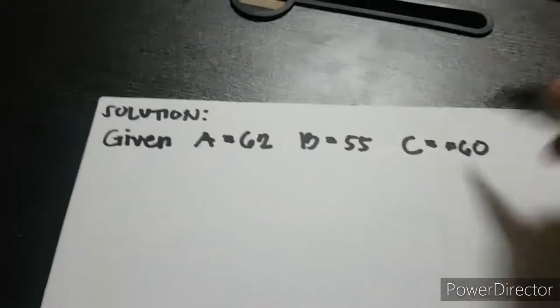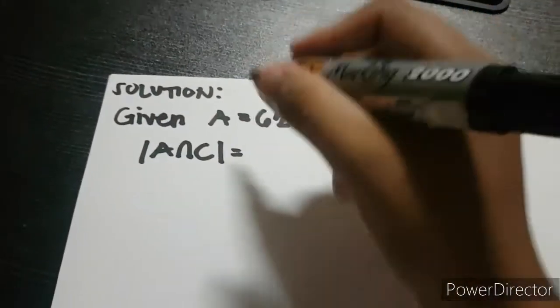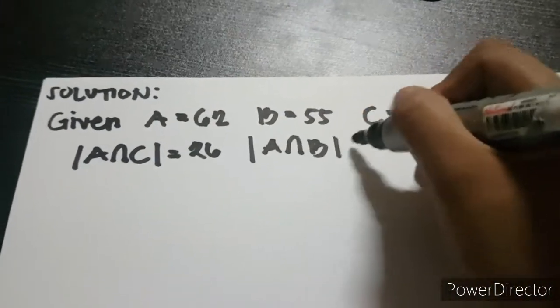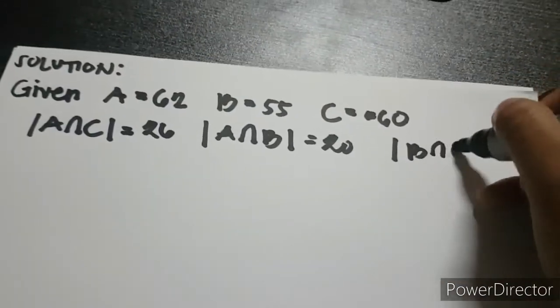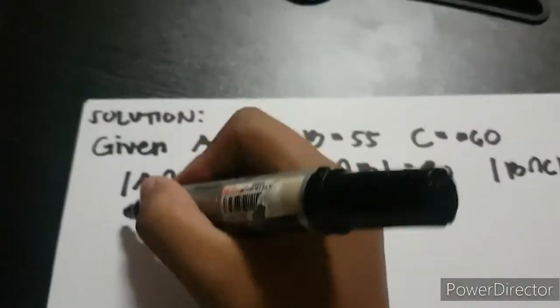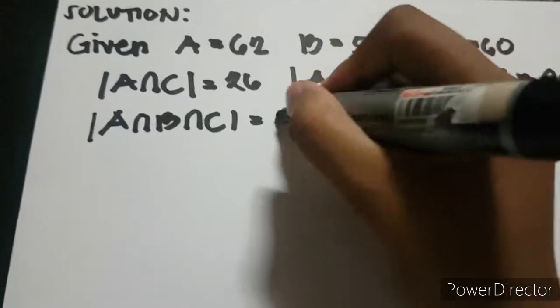Next, A intersection C is equal to 26. A intersection B is equal to 20. And B intersection C is equal to 25. And lastly, A intersection B intersection C is equal to 10.